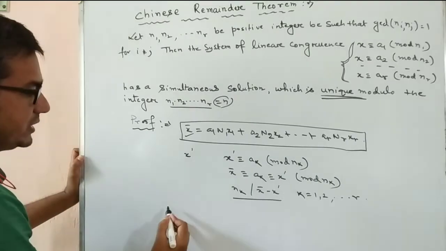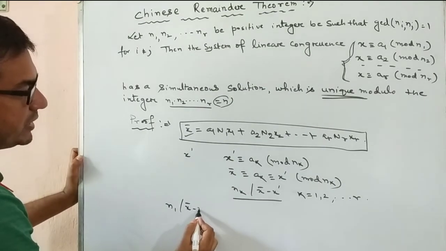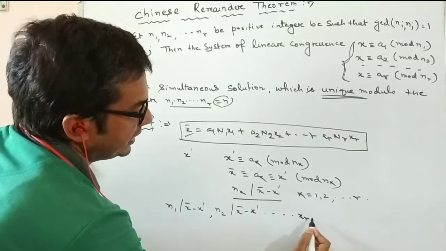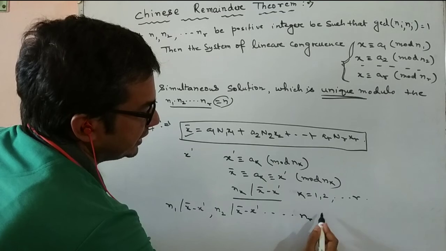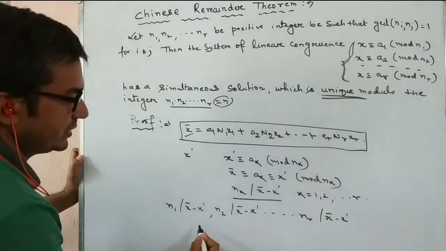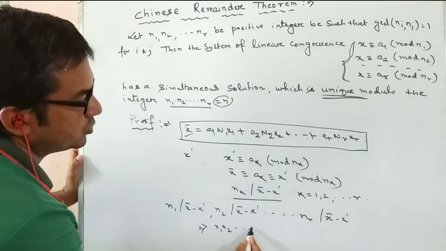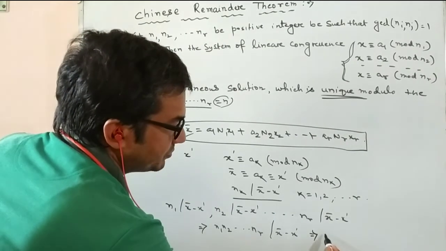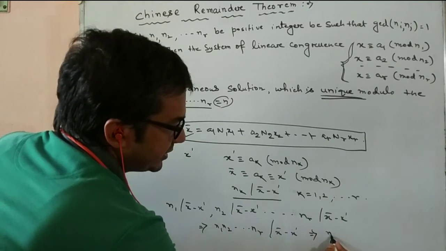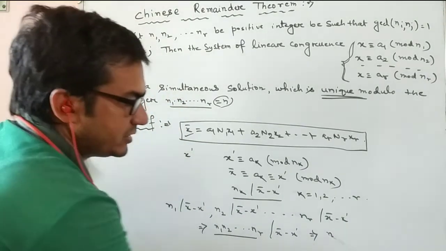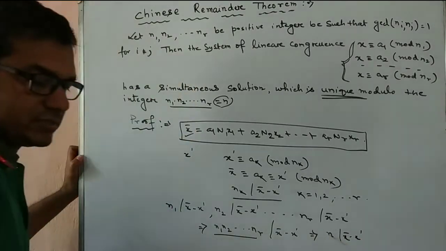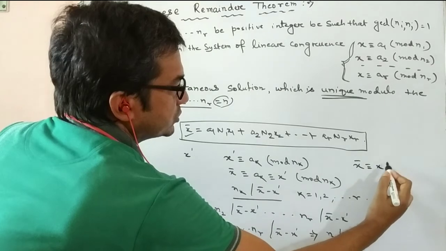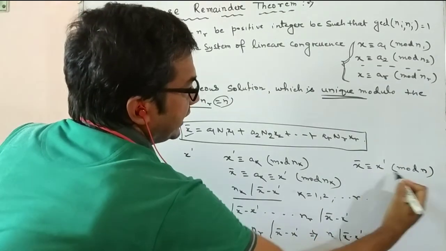That is, we get n_1 divides x bar minus x dash, n_2 divides x bar minus x dash, to n_r divides x bar minus x dash. That is, the product n_1 n_2 to n_r, which we take as n, also divides x bar minus x dash, that is x bar congruent to x dash mod n.